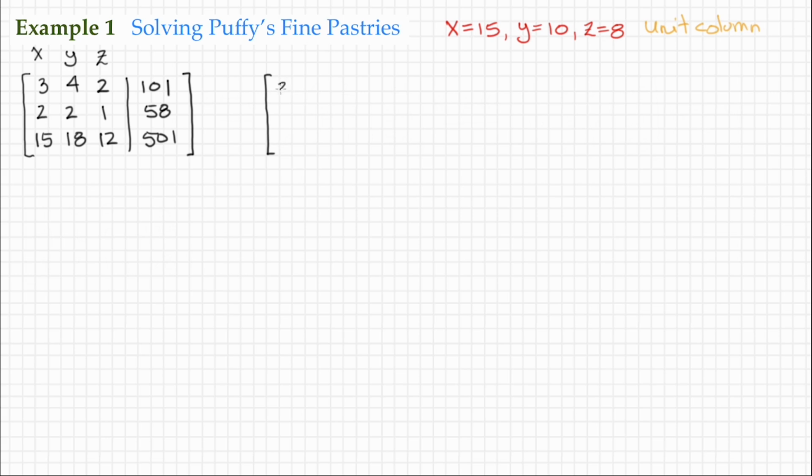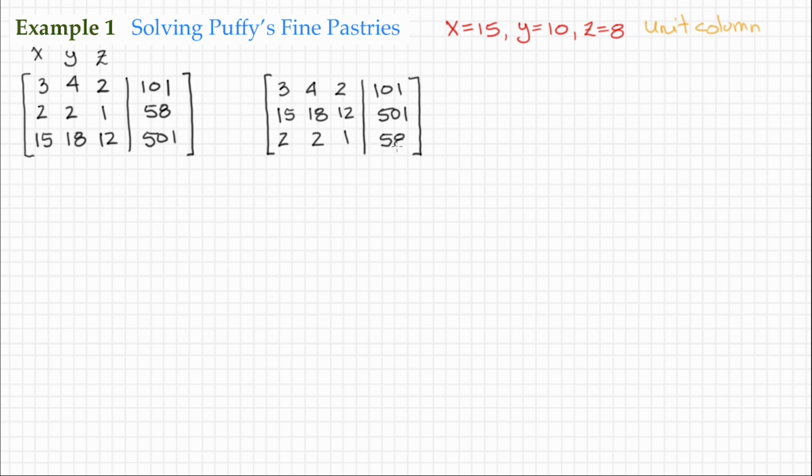So we'll put in 3, 4, and 2, our vertical line, 101, put in our bracket. Then I'll put in 15, 18, 12, and then 501, and then 2, 2, 1, and 58.